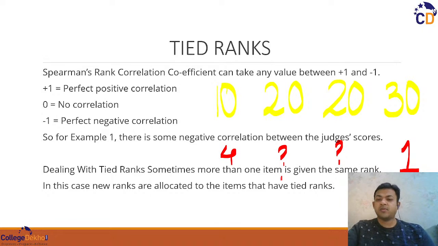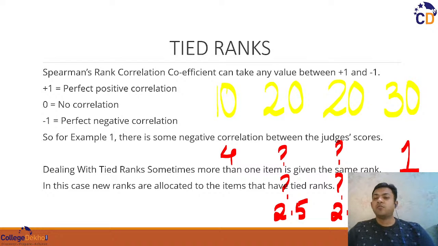But again, the question mark is with these two. Since these two are tied, we are not sure which one to put as rank 2, which one to put as rank 3. Instead, what we do is we allot both of them a rank of 2.5. So the ranks now become 1, 2.5, 2.5, and 4. I hope that makes sense to everyone.